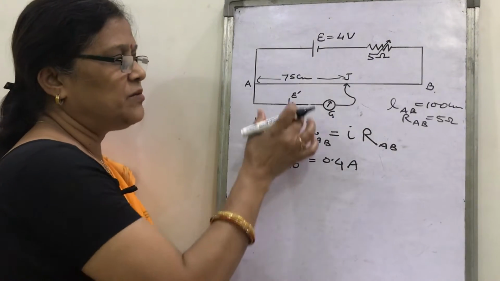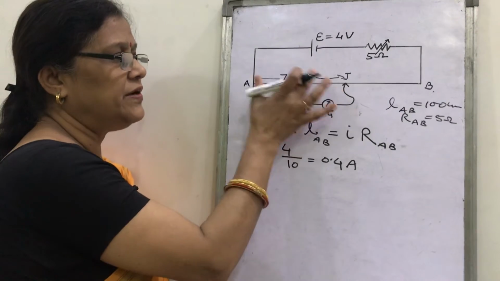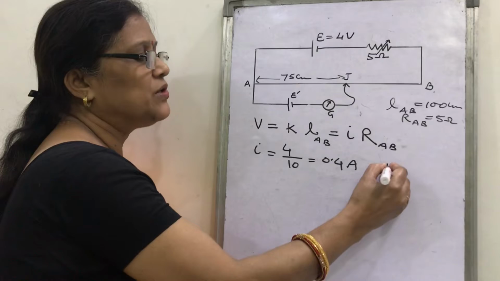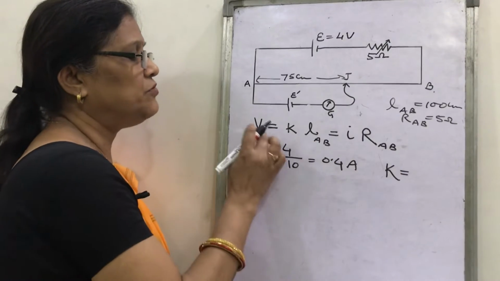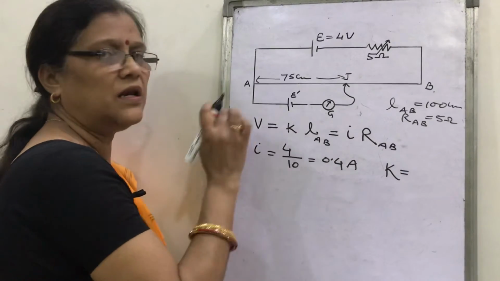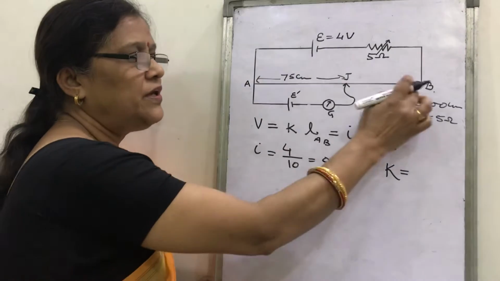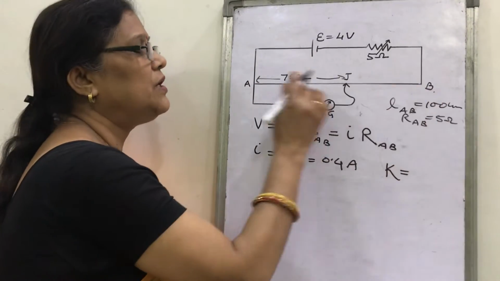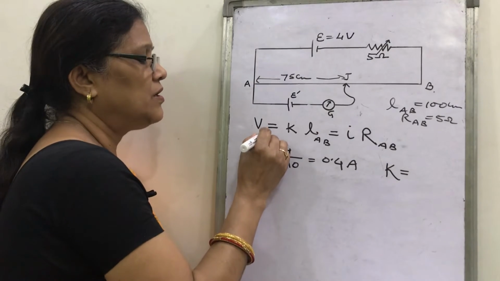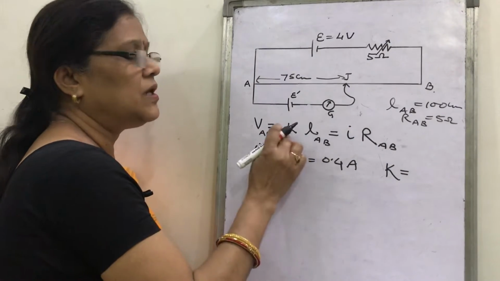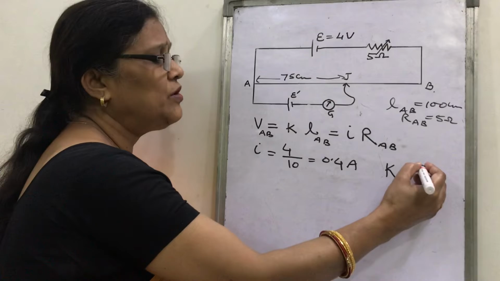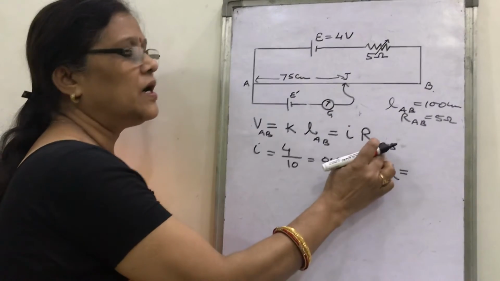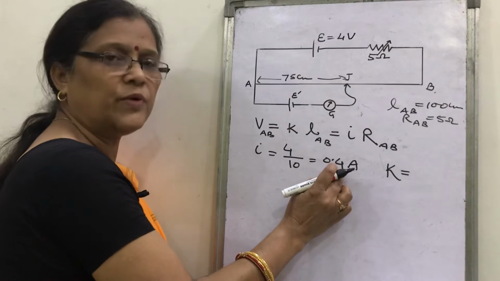It is given that balancing length is at 75 centimeter, and what is K? Potential gradient K is V by L. What is V here? For the VAB you can write K into LAB. So K will be VAB upon LAB. VAB how will you find? IRAB. I is 0.4 ampere.